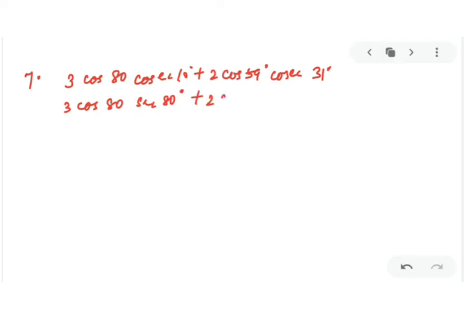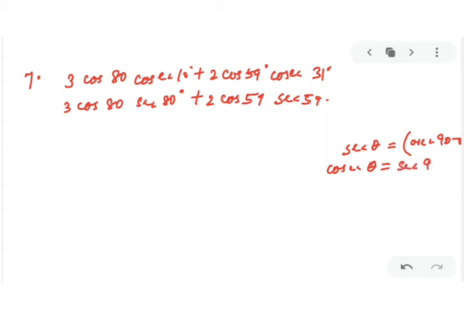I will keep 2 cos 59 as it is. For cosec 31, can I write sec 59? The only thing is you should remember that sec theta is equal to cosec 90 minus theta. Similarly, cosec theta is equal to sec 90 minus theta.